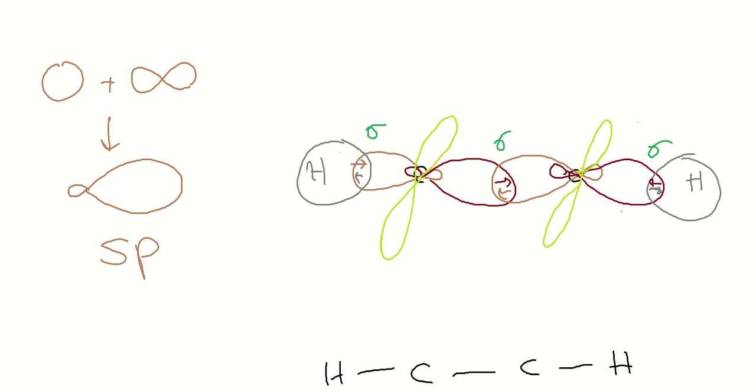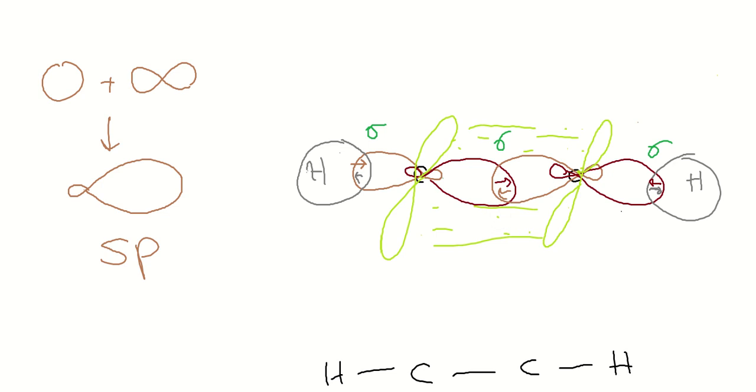All right, so the px from this carbon and the px from that carbon are now involved in side-to-side overlap. So this way, this region is where you're going to find a pair of electrons.